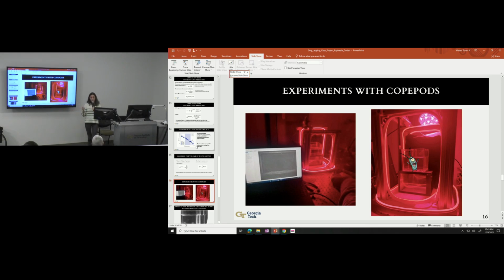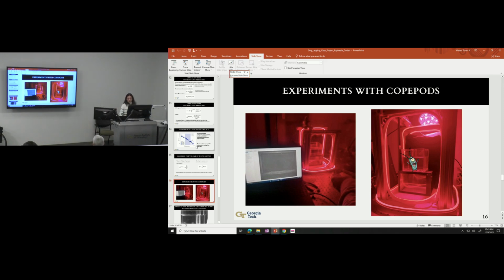For this, we simulated the dog lapping with glass rods that we put into the water. The goal is to understand how, when the dog laps, they will ingest the worms.